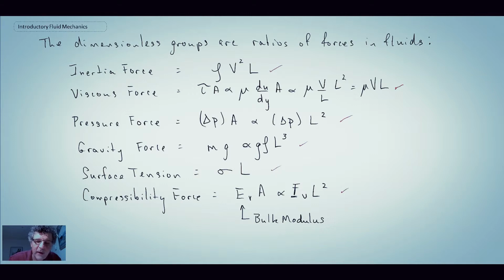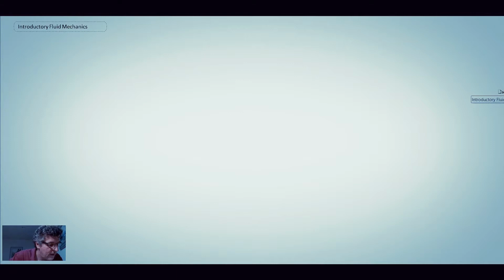And so what we're now going to do is form ratios of some of these different forces. And we'll find that when you do that, some very well-known non-dimensional numbers drop out. So we're going to begin with the Reynolds number.